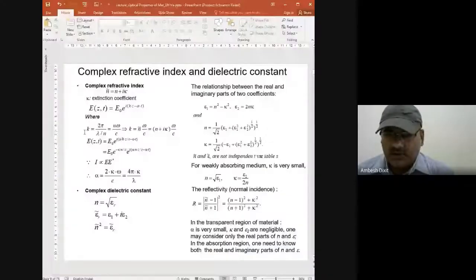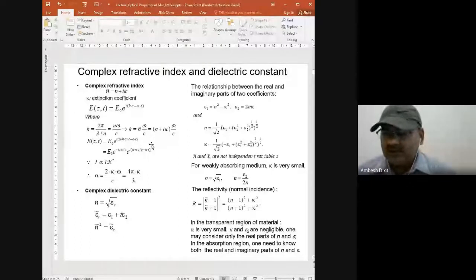The wave vector is equal to the refractive index n plus i k times omega over c, where omega is the energy of your incident wave. Substituting back, you know that the incident wave is E naught e to the power i k z, and after introducing this k as a wave propagator, your E(z,t) signal is e to the power i omega n z over c minus omega t.